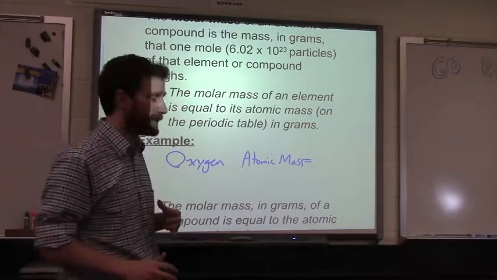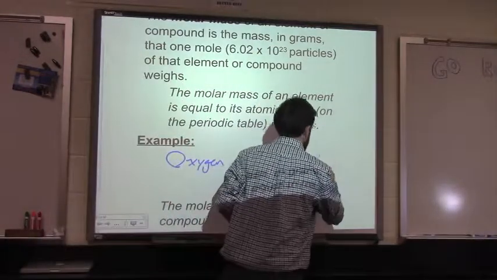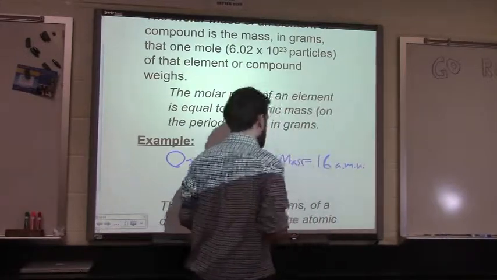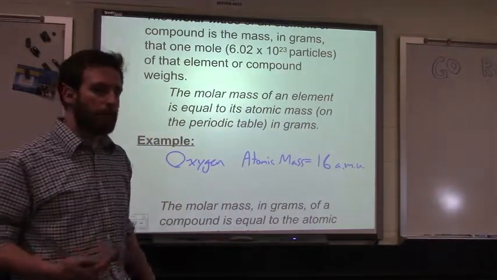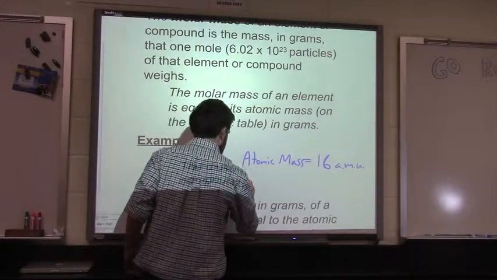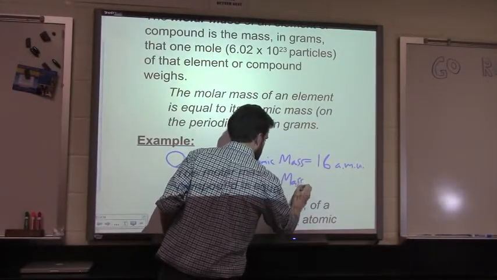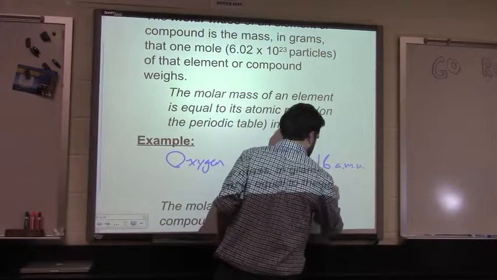So we'll go with 16 for this. An atomic mass of 16 atomic mass units. Then I can say that the molar mass equals 16 grams.